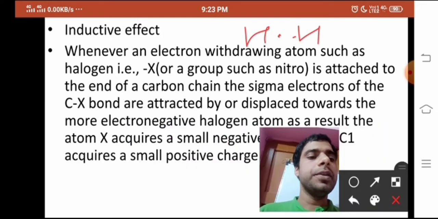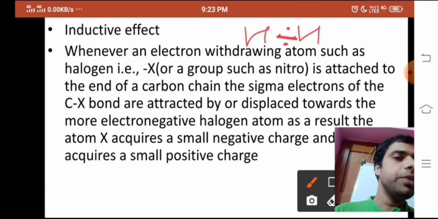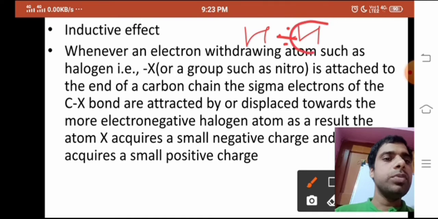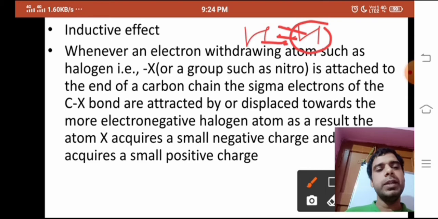You will find that the electron pair will be in between. It will not go anywhere. This hydrogen will not pull this electron towards itself, and this hydrogen also will not pull this electron toward itself. That means the electron pair will be in the middle, in between.